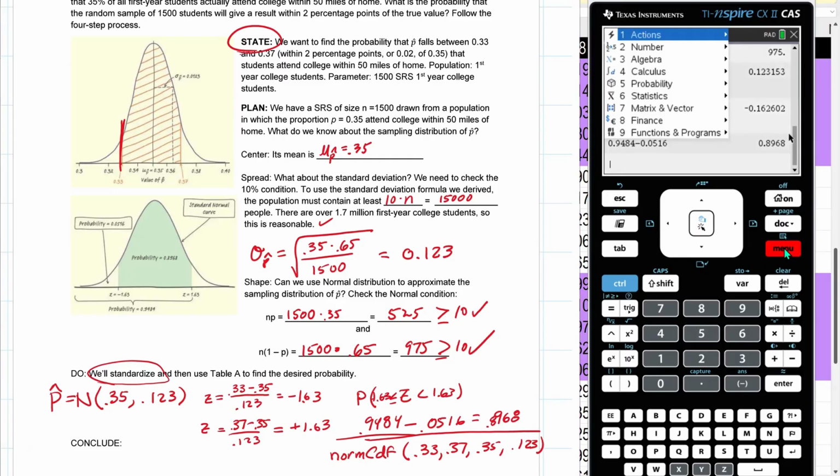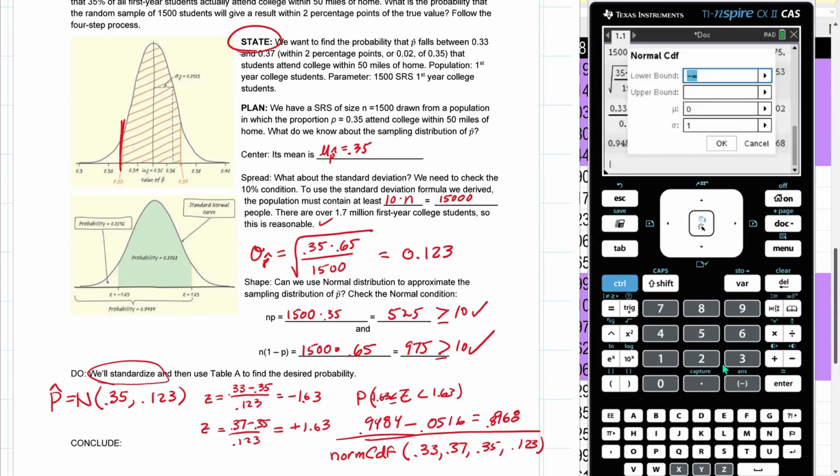And let's just see if we get about the same answer. Menu, probability, distributions, norm CDF, 0.33, tab, 0.37, tab, mean of 0.35, and tab, and we said the standard deviation was 0.123.